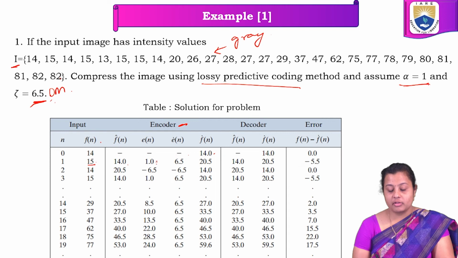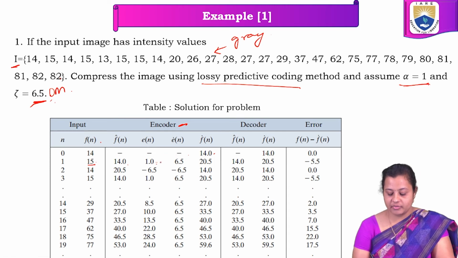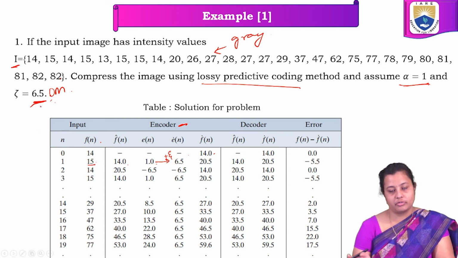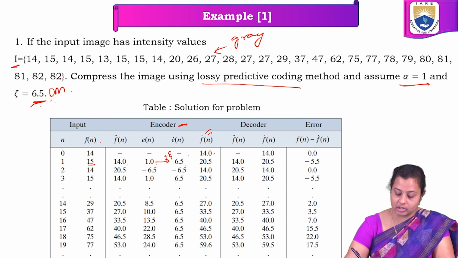Now if this error E of n is greater than 0, then we give the value to be plus eta, right? This eta is equal to 6.5, which is defined in my question. So what is this f dot of n? f dash of n is equal to f cap of n plus E of n, right?